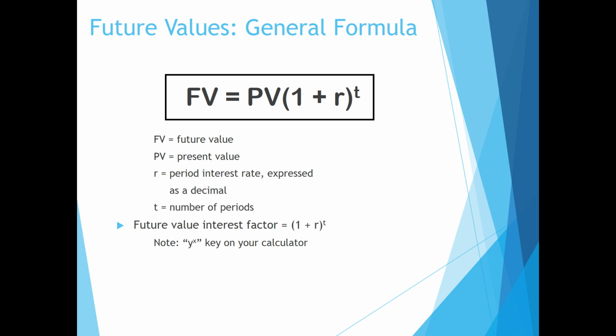Time can also be a lowercase t or a lowercase n. If you were calculating this formula with the calculator, your 1 plus the interest to the t, you would use your y to the x key unless you're squaring it. So any exponent beyond 2, you would need to use your y to the x key on the financial calculator.